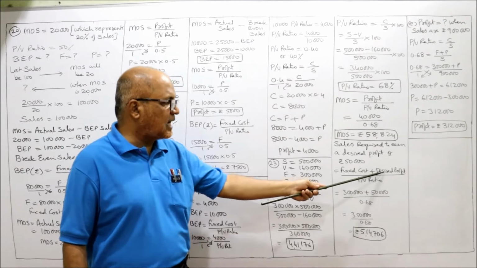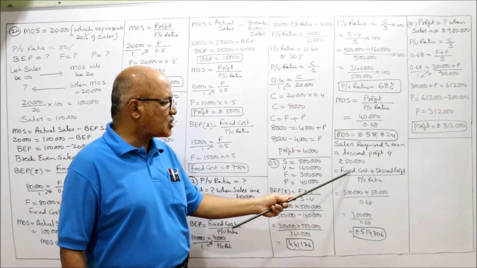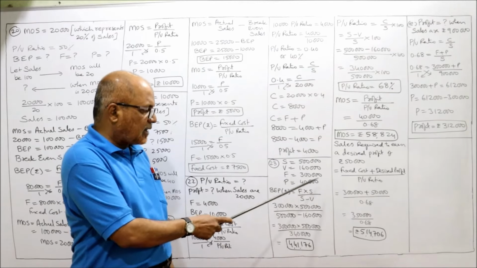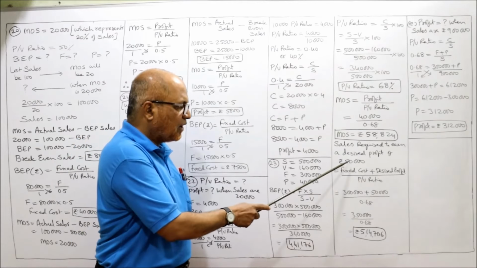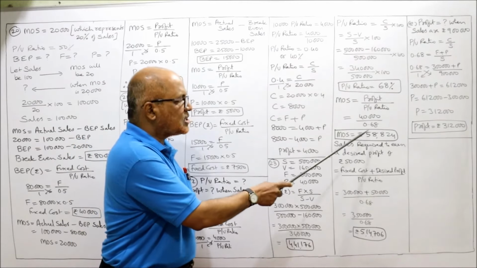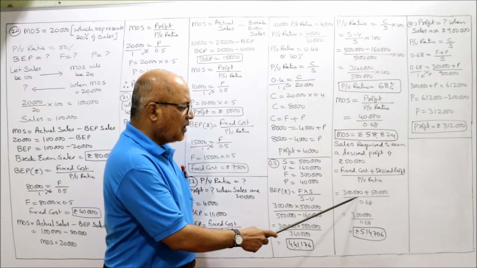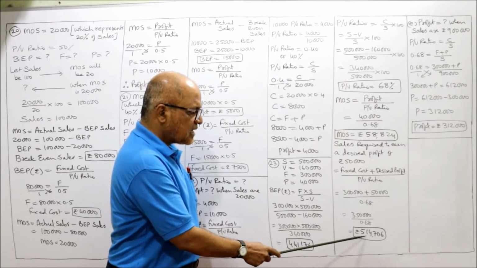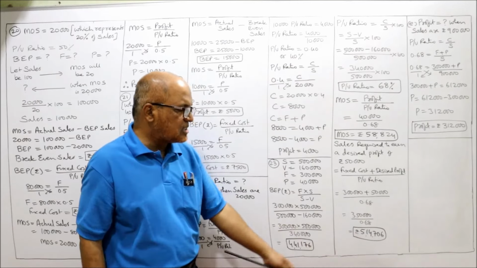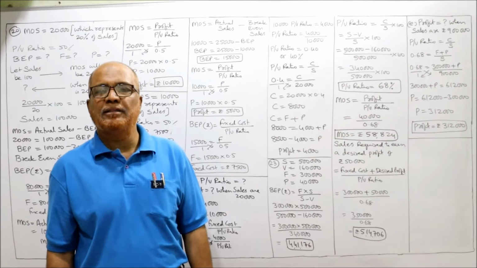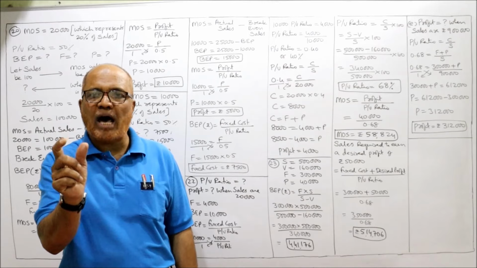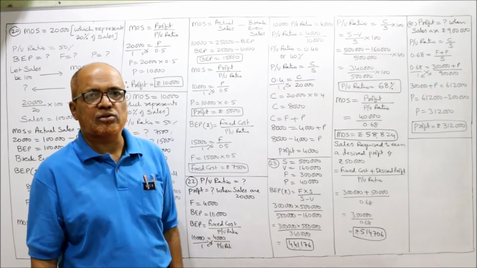The fixed cost already given in the problem, 3 lakh. Desired profit we want 50,000. PV ratio just now we have calculated, 0.68. Whether you write 68% or 0.68, you will get the same answer. So 3,50,000 divided by 0.68, 5,14,706. This is the sales required to earn a desired profit of 50,000.